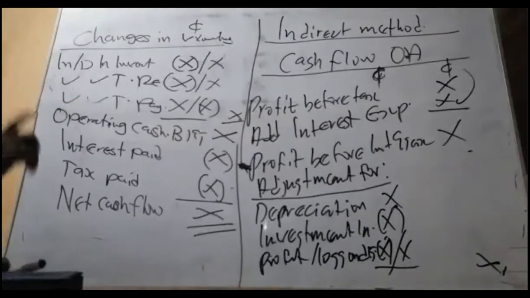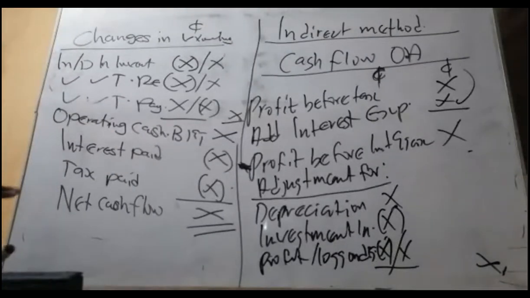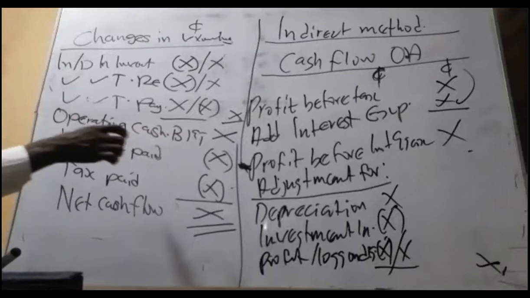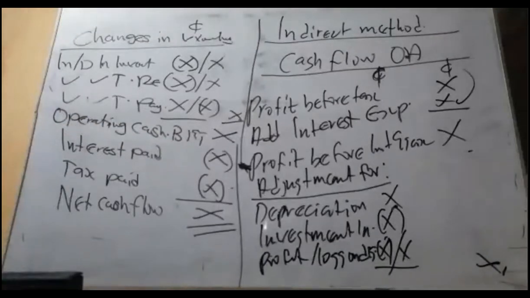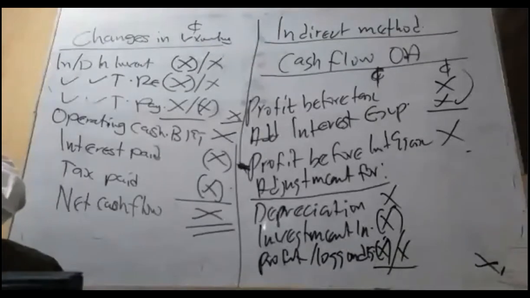It's very lengthy, especially if you use the indirect method. So kindly take note of the operating activity and get everything there. If your operating activity is correct, the likelihood of scoring high in the cash flow is a bit high.